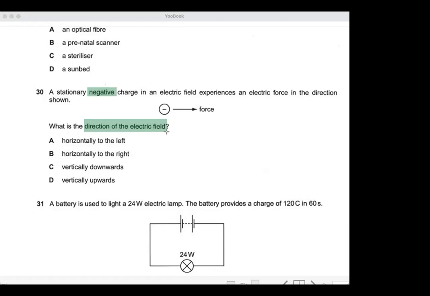There's a reason to that. Oscar, well done. Ryan, you got it right now. Yiting, you are correct. Who's the last student? Most of you got it correct. The answer is horizontally to the left. Why is it to the left? Let me show you. Hold on.